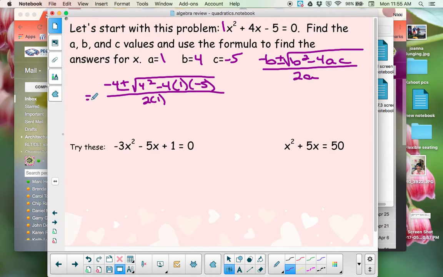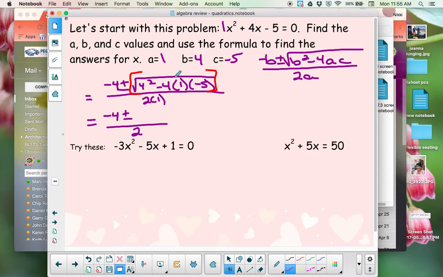All right. Now, the nice part about this is that this whole piece here, from here to here, you can put in your calculator all at once. So that makes it a little bit easier. So you're going to do negative 4 plus or minus, and then you're going to put that all over 2 times 1 is 2. Now that part in your calculator, you go ahead and you do your square root button.